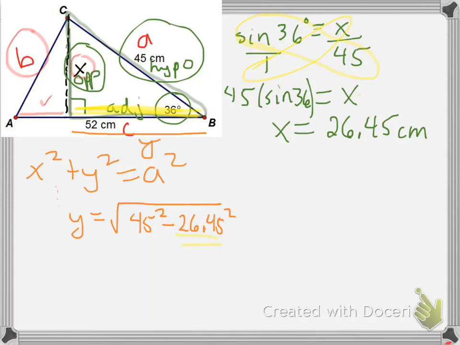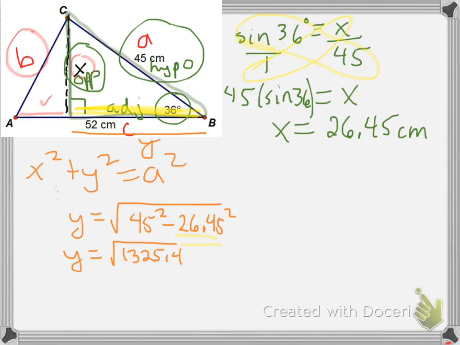So in the memory, I'll use the answer button. I'm going to get y equals the square root of 45 squared minus the answer squared, which is 26.45, the previous answer in all those decimals, which gives me about 1325.4.